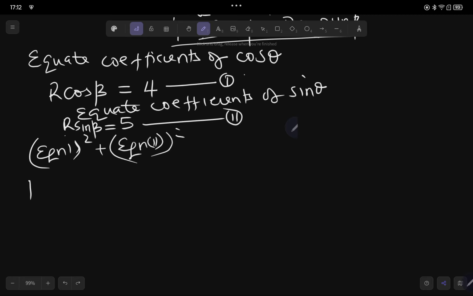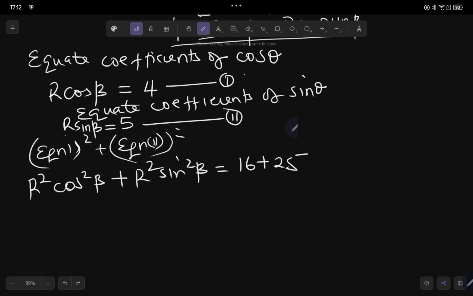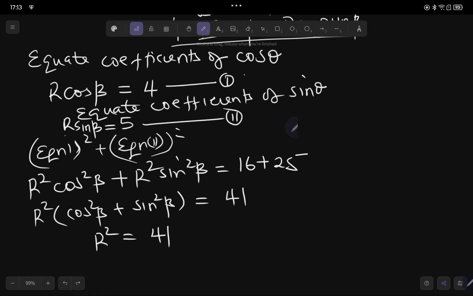If I square this, I will get r squared cos squared beta on the left, and I'm adding r squared sin squared beta, is equal to 4 squared, which is 16, plus 5 squared, which is 25. I can pull out my r squared, which means r squared is equal to 41. What is in the bracket here is a 1. Which means my r is root 41.